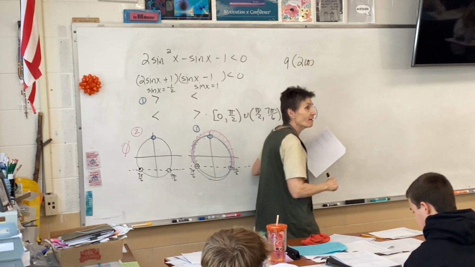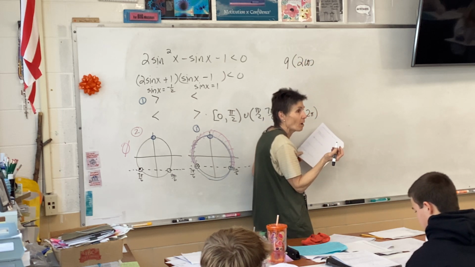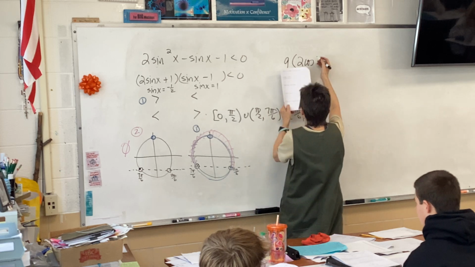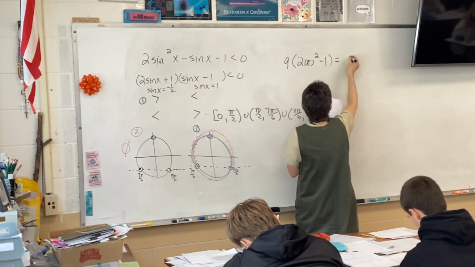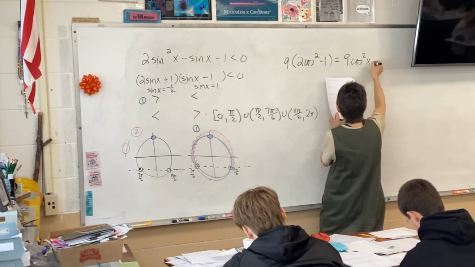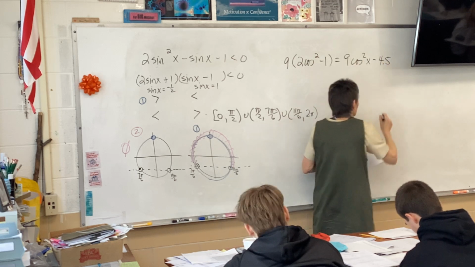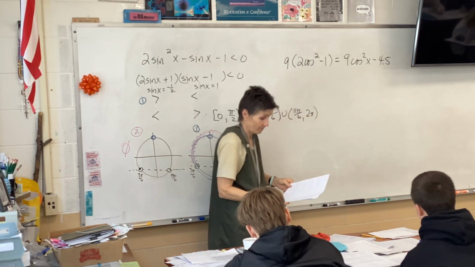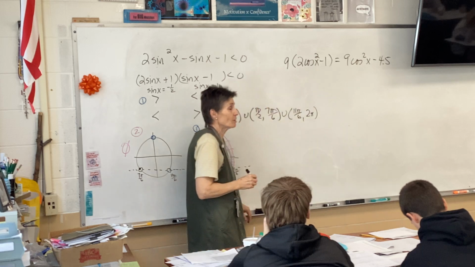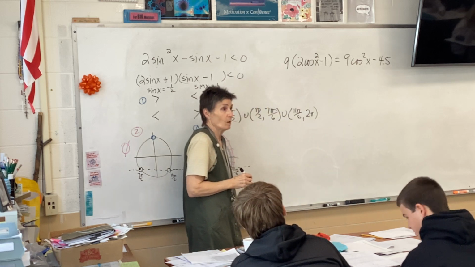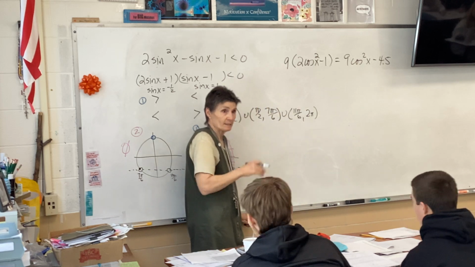Because I already have, exactly, I already have a cosine in my problem, so I don't want a sine thrown in there. So 2 cosine squared minus 1 equals 9 cosine squared minus 4.5. So cosine 2x is 2 cosine squared minus 1. That's one of your identities.